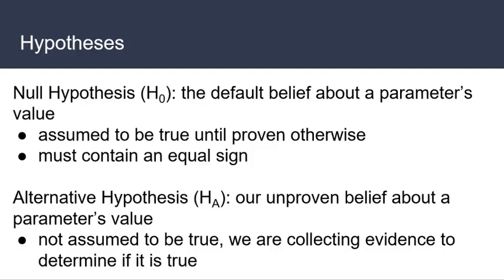So we have a null hypothesis, and that is our default belief. The null hypothesis is always assumed to be true, and the null hypothesis must have an equal sign. Then we have our alternative hypothesis, which is the belief that we are trying to test. So we're trying to see if our sample data can prove that the alternative hypothesis is true.